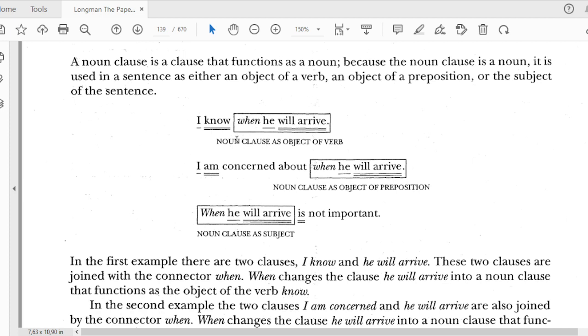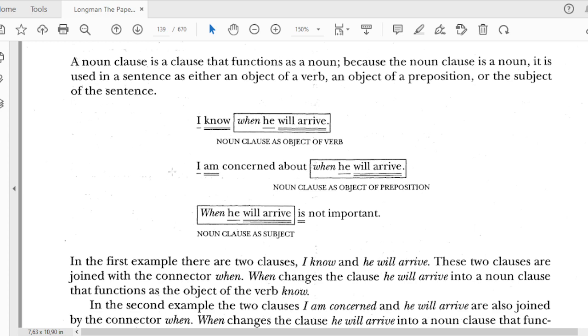So, noun clause as object of verb: he will arrive. I am concerned about when he will arrive. Noun clause as object of preposition, about. When he will arrive is not important. Noun clause as a subject.